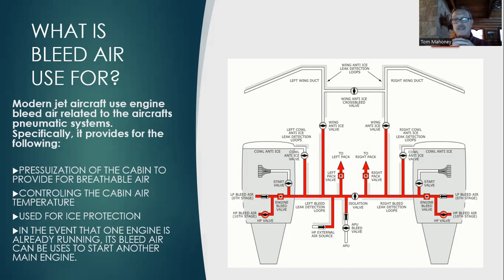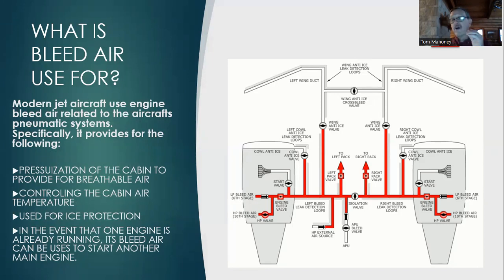So we have to pressurize the cabin of the aircraft, and by pressurizing that air, we're able to compress it down to where we can actually inhale the oxygen contained in that air into our lungs. And then, of course, we use the same kind of pressurized air for controlling cabin air temperature, because remember, it's warm. We can mix that warm or hot air with cooler air, actually modulate the temperature of the air coming into the cabin. It's also used for ice protection.